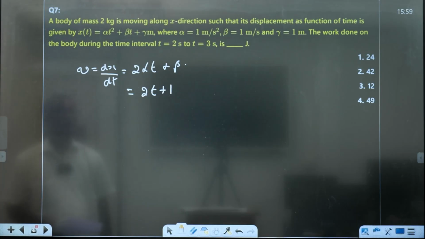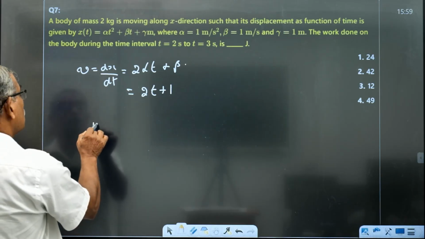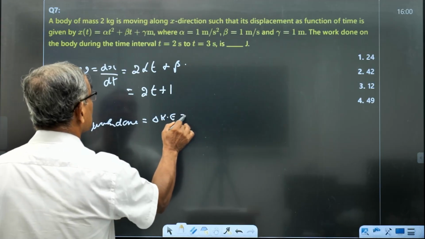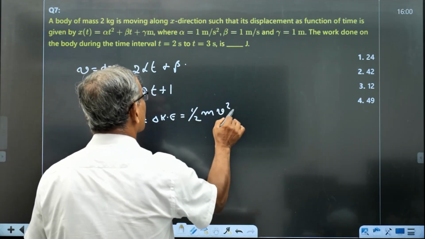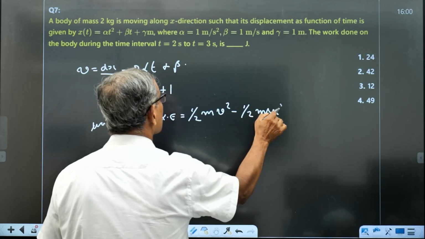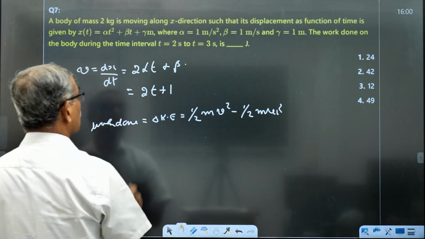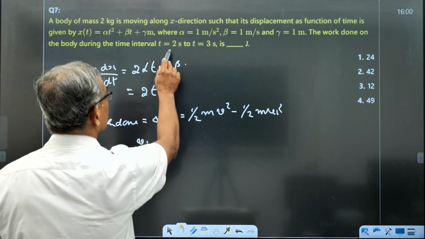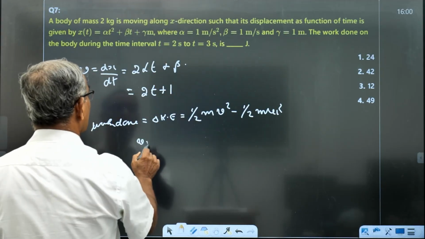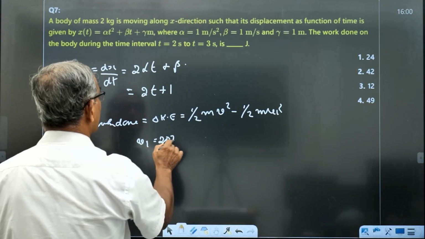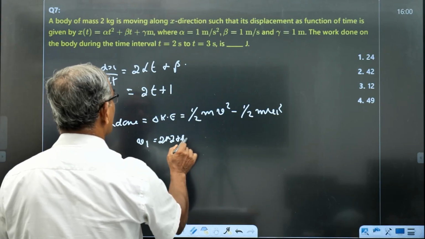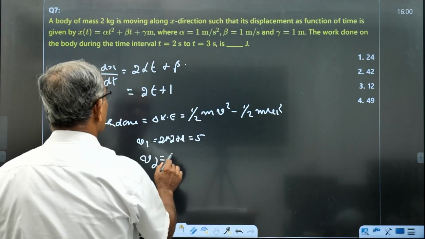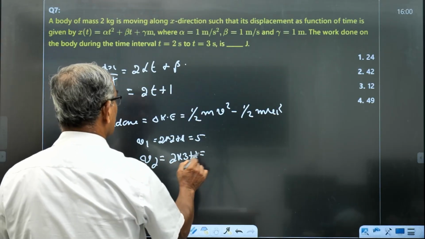Now work done is given by the change in kinetic energy, half m v2 square minus half m v1 square. Now what is v1? v1 is at t equal to 2 seconds: 2 into 2 plus 1 is equal to 5. v2 is at 3 seconds: 2 into 3 plus 1 is equal to 7.